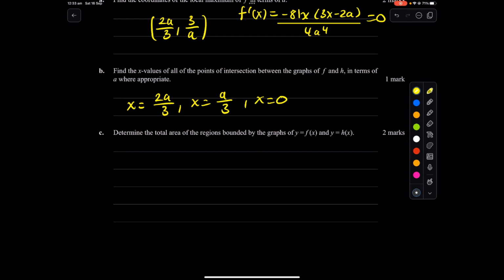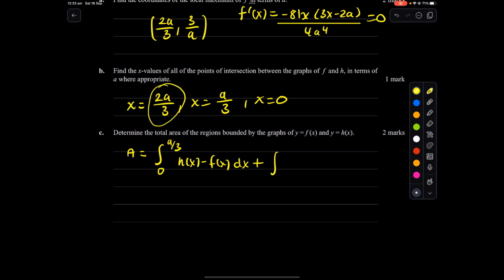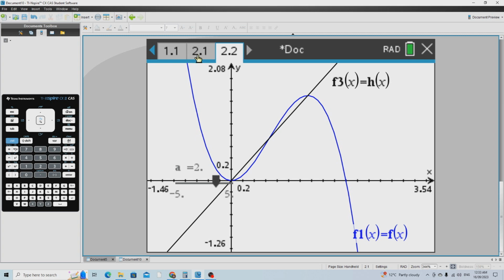So we say that the area is 0 to a on 3 of the upper function, h of x minus f of x dx, plus, well, I think they're equal by symmetry, but I'm not too sure. Wait, they are equal, aren't they? Yeah, because it's just double the amount of this value over here. So can I just say the area is twice this? Is that a smart way?